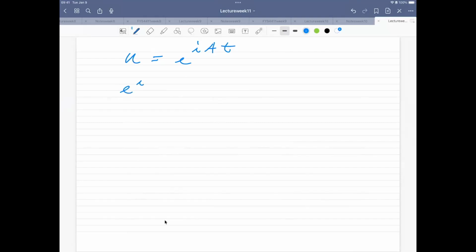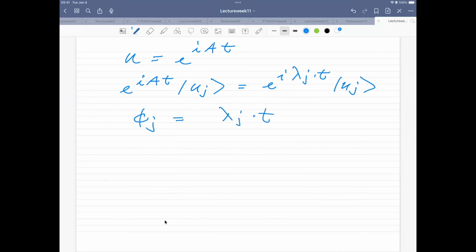Then we know that e to the iAt acting on u_j is given by e to the i lambda_j t multiplied with u_j. And the eigenphases are then phi_j equals lambda_j times t divided by 2 pi. So when we have estimated these phi_j's from the QPE, we can then extract the eigenvalues, lambda_j's, of this operator A.